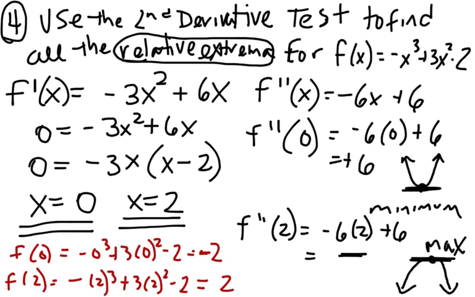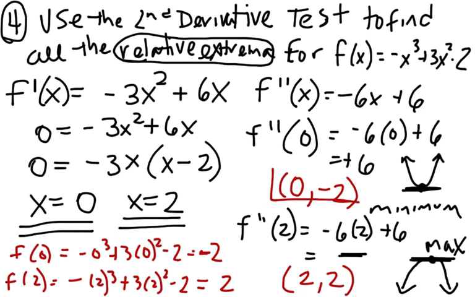So I have a minimum at the point 0, negative 2, and I have a maximum at the point 2, 2. Those are my extrema for this function.